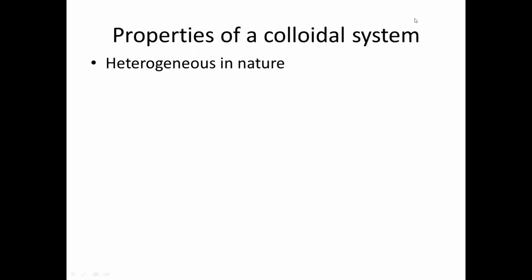Okay, so now we'll see what the properties of a colloidal system are. Even though I put this as the first property, heterogeneous in nature, there is no need to put it in when you write your answers. In order to make you understand, I will say it is heterogeneous.